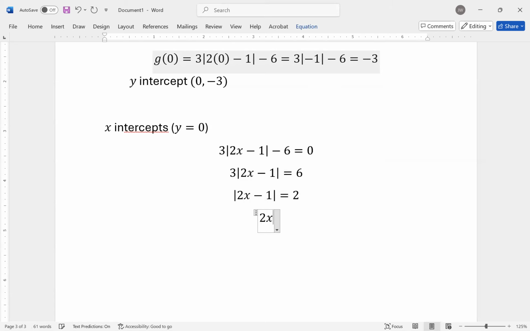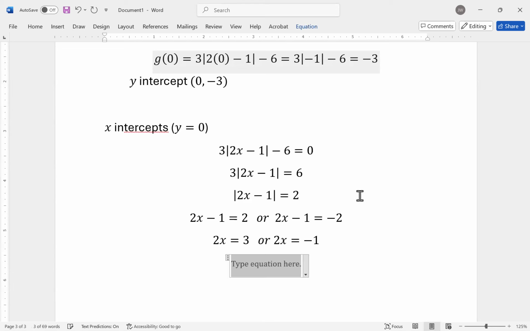We get that 2x minus 1 could be equal to 2, or we get that 2x minus 1 could be equal to -2. Adding 1 to both sides, we get 2x equals 3, or 2x is equal to -1.